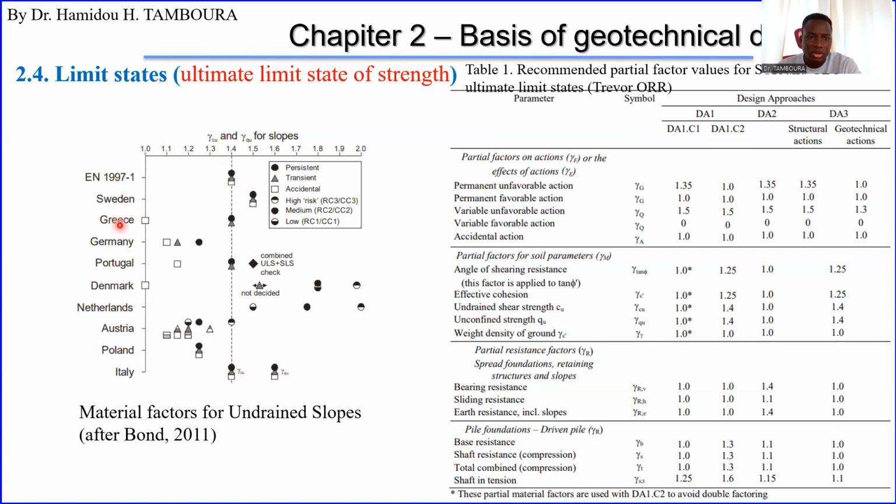Some countries, like for example Greece, are using the value proposed by Eurocode. And also I think Portugal, in some cases, persistent and transient. But Portugal, in case of accidental, is using this value. So it is not the same when you change from one country to another.